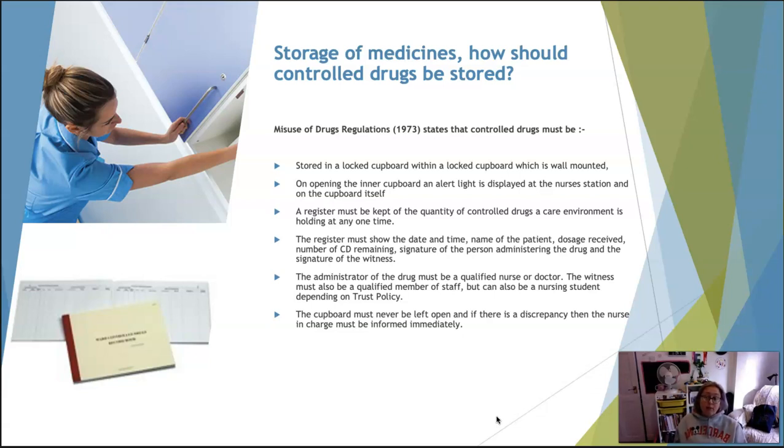The cupboard must never be left open, and if there is a discrepancy, then the nurse or the person in charge must be informed immediately. And again, the appropriate policies or procedures should be followed to make sure that any discrepancies, any missing drugs, any spillages, any issues are reported and followed up.